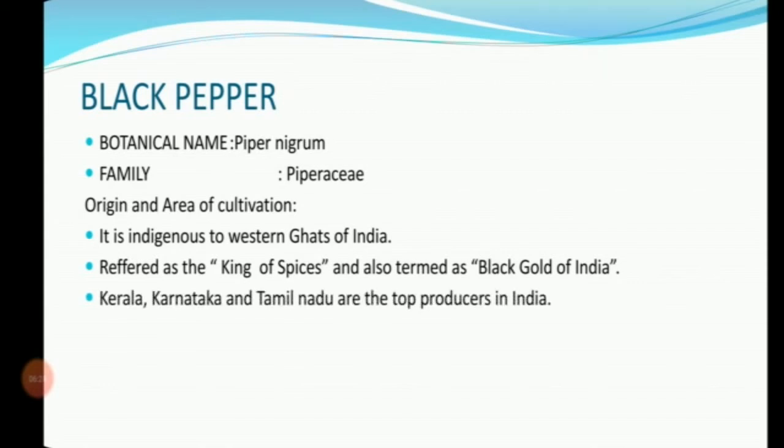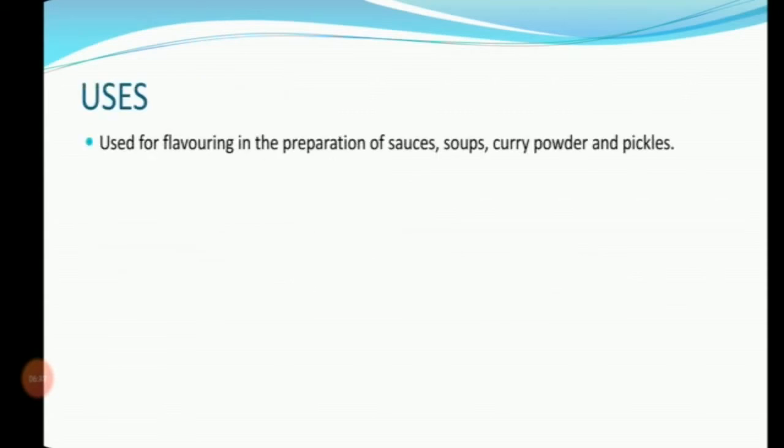Black pepper is cultivated mostly in Kerala, Karnataka and Tamil Nadu, which are the top producers of black pepper in India. Now we discuss the uses of black pepper. It is used for flavoring in the preparation of sauces, soups, curry powder and pickles.